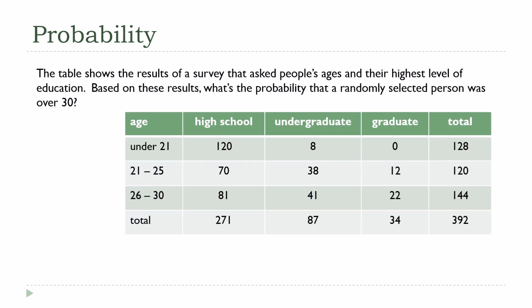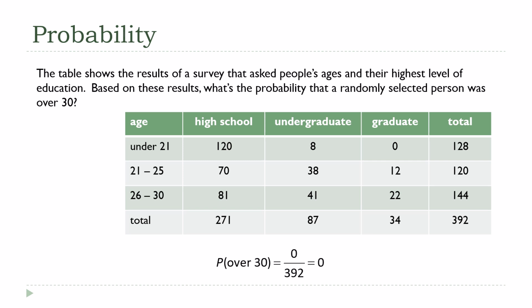So let's try another one here. Based on this same table, what's the probability that a randomly selected person was over 30? Well, there were no people over 30 in our survey. Our survey maxes out at 30 years old. But that's okay. We can still use our formula. We can still get an answer. The size of our event space is 0.